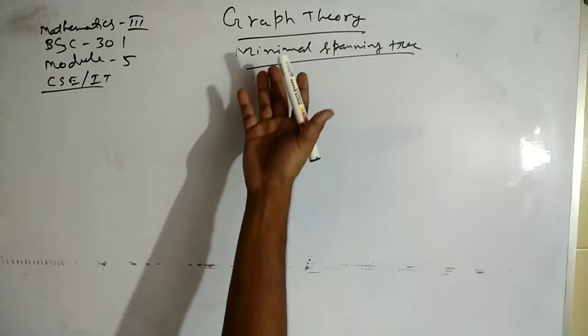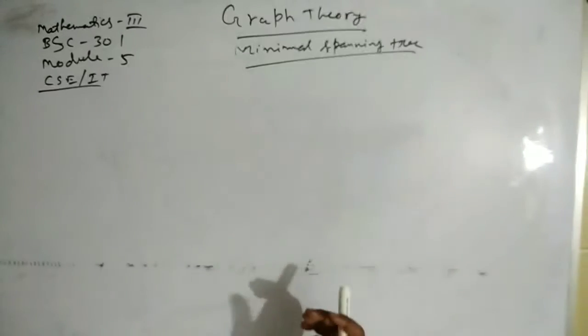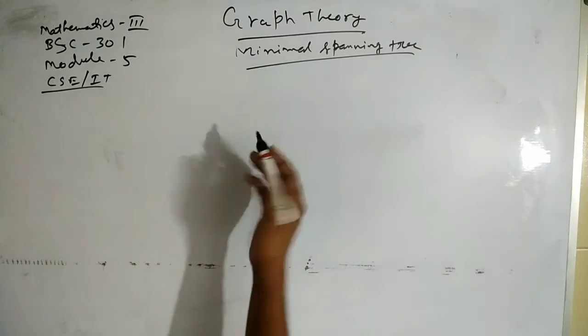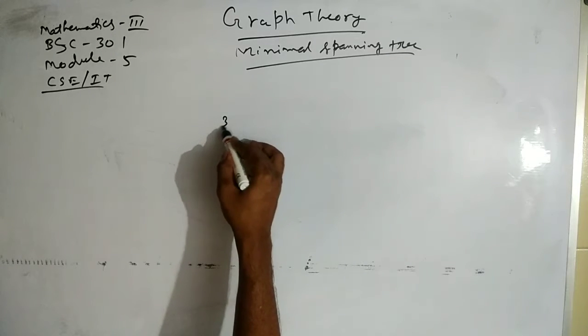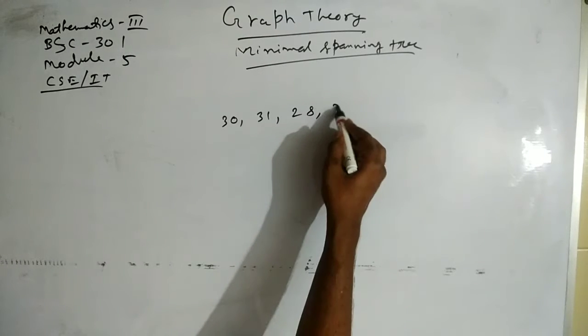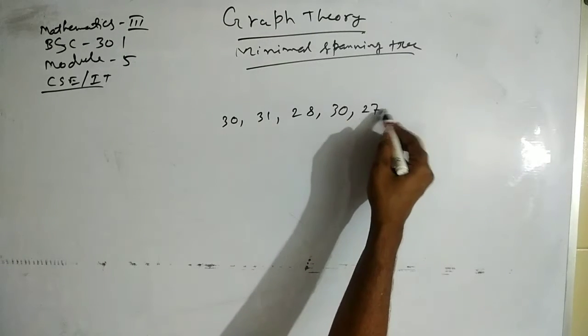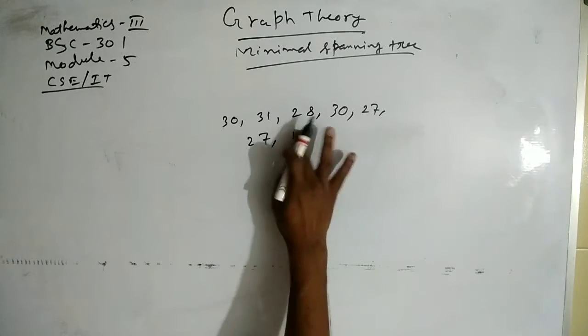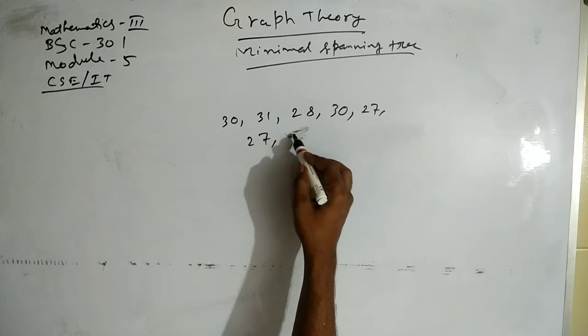Now why is the word minimal used? Because the minimum spanning tree is not unique. Suppose you found all the spanning trees and their weights are 30, 31, 28, 30, 27, 27, 15 and 35.